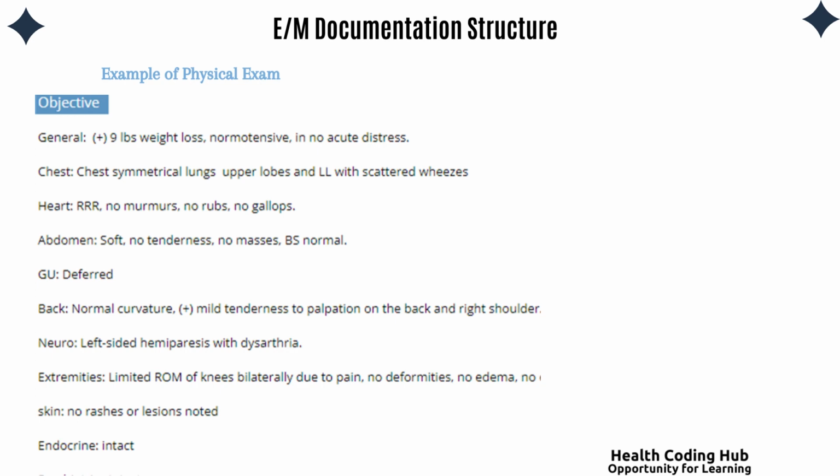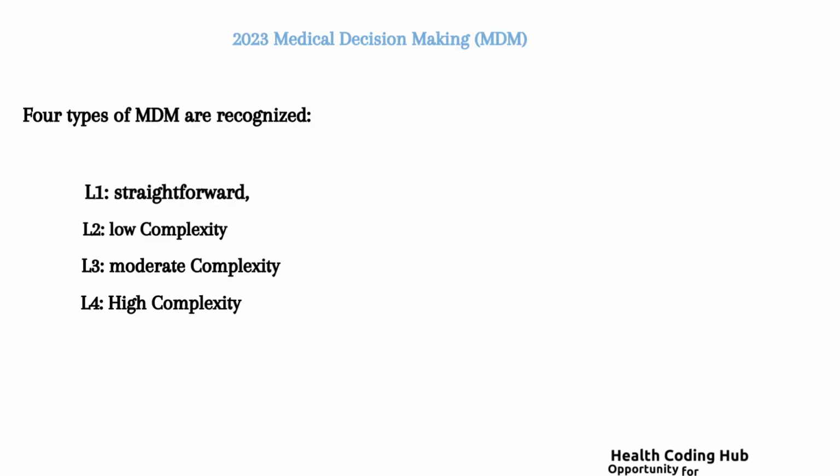The revision eliminated the requirement to meet a certain level of history and exam, instead requiring a medically appropriate history and physical examination. The goals for these changes were to reduce administrative burden and better align coding with how patient care is delivered today. Patient care should be driven by the need to treat the patient, not the need to satisfy coding requirements. Let's talk about medical decision making.